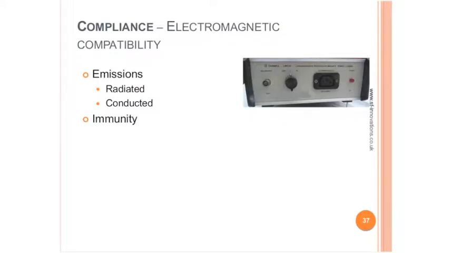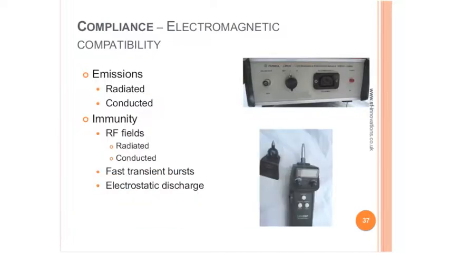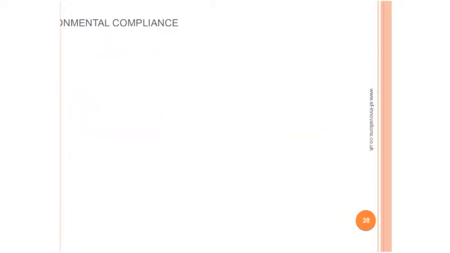And for immunity, you're looking at immunity from RF fields, which could be radiated or conducted, fast transient bursts due to switching, and electrostatic discharge. And there is an ESD gun that's used for that testing. So this is a specialist field, and there are test labs in most countries that would do this testing for you. And we'll look at how to take that into account at the design phase.